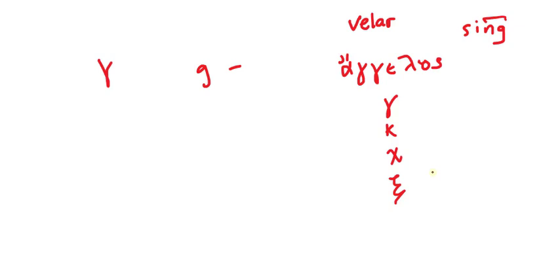K, g, cha, cha, right? Can you feel that contact? All right. So whenever your gamma comes before, I'll just put a big gamma here, right? Whenever that gamma comes before these, it's going to be nasalized. Okay, so that is a gamma nasal.